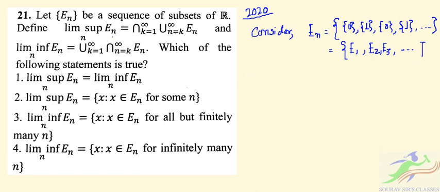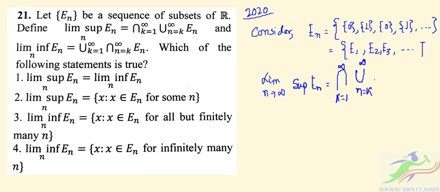Now, coming to the first, our limit as n tends to infinity of the supremum of En, we can write it as this intersection k equal to 1 to infinity and union n equal to k to infinity of E of n.